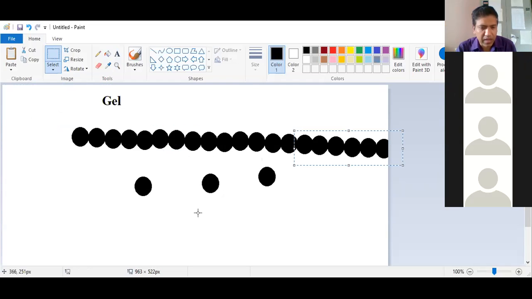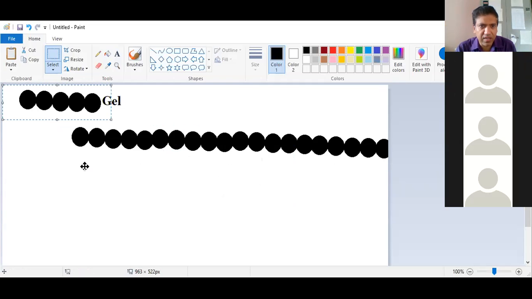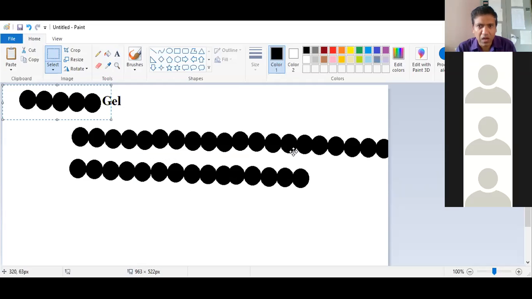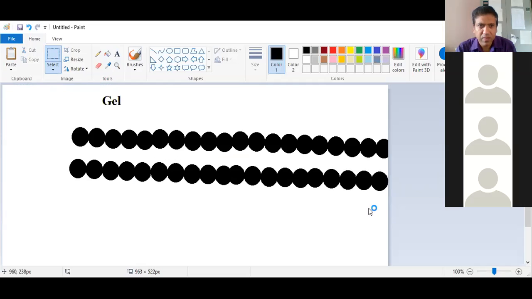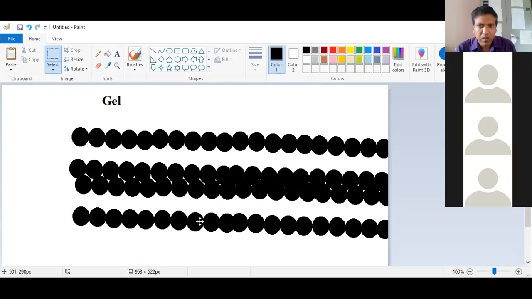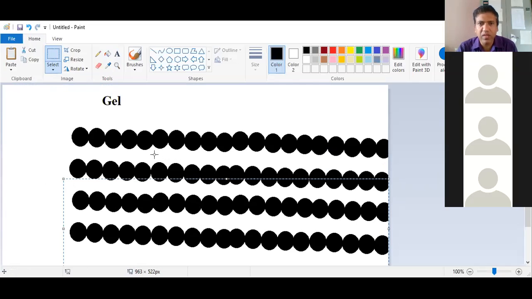Similar kinds of chains you will get like this. So this is how the chains are made.